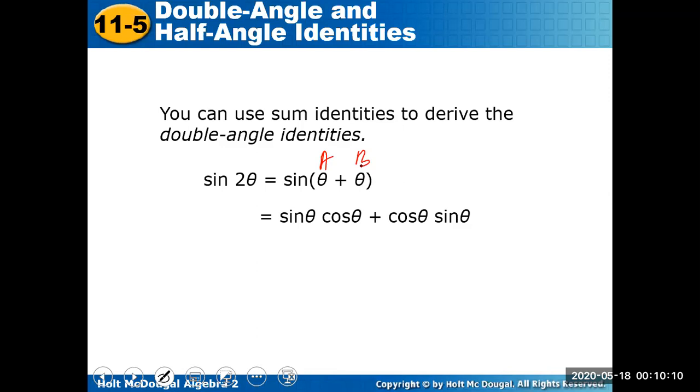They are the same thing, so I can write it as 2 sine theta cosine theta. There is sine theta, cosine theta and cosine theta, so I can write it as 2 times sine theta cosine theta. This is how we derive the double angle identities.